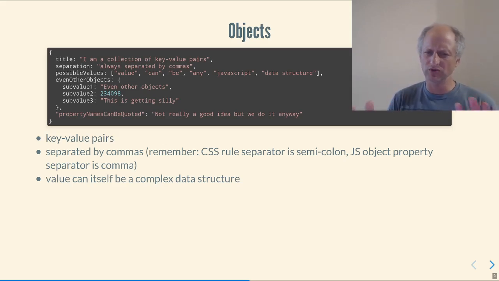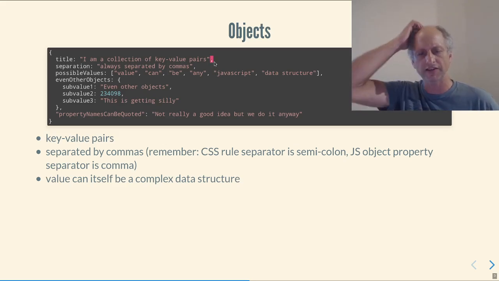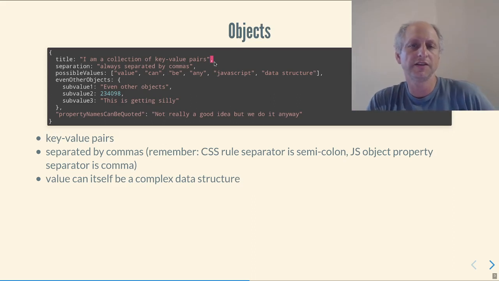And so just notice this is probably the key thing you have to understand. You have to remember syntactically that in JavaScript objects, the property value pairs are separated by commas. In CSS, they're separated by semicolons.